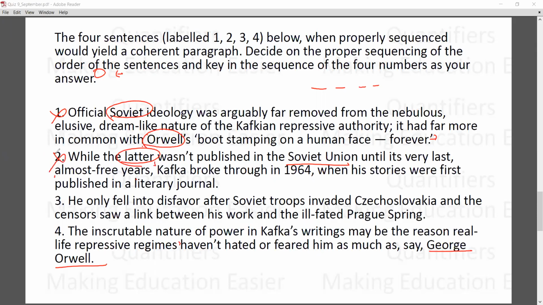So it cannot be the introductory sentence. It is quite clear that 4 is your introductory sentence. And one thing is clear: now the Soviet Union will precede the Soviet. So maybe 4, 2, and 1. So far we know this.